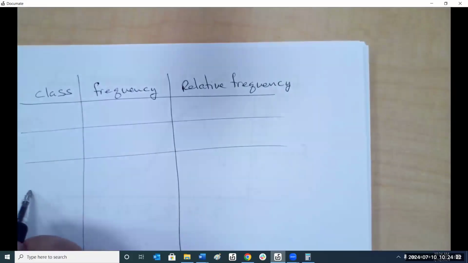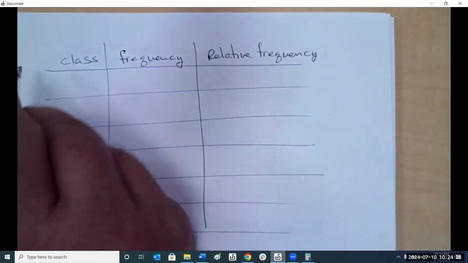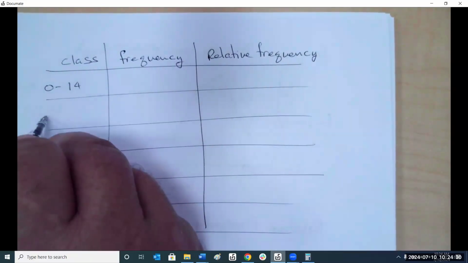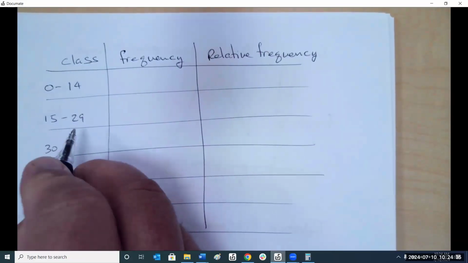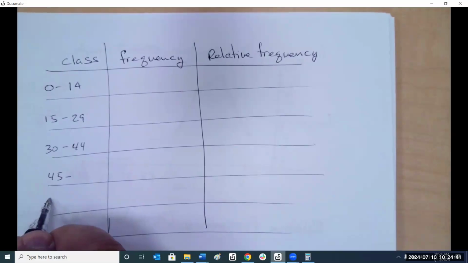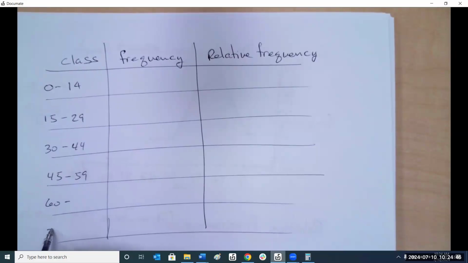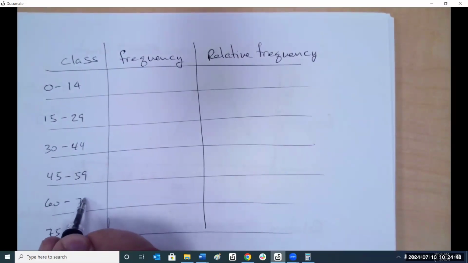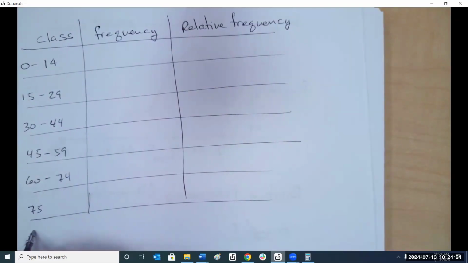Remember, we're supposed to have 7 rows: 0 to 14, 15 to 29, 30 to 44, 45 to 59, 60 to 74, 75 to 89, and 90 to 104.